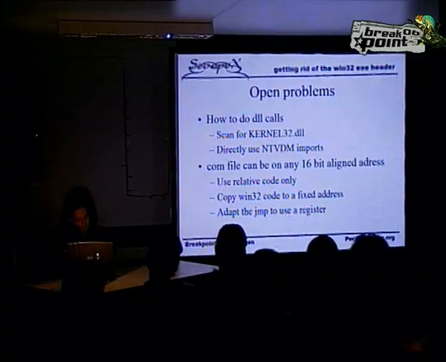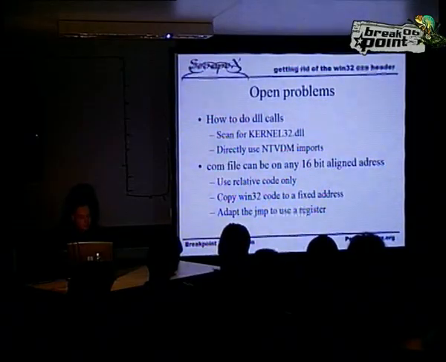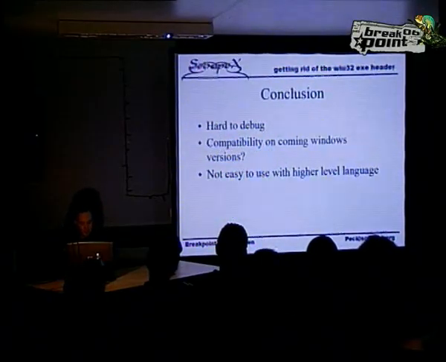Or you could change the code a bit so that you don't do the jump directly. Instead of that, you could write the address to a register and then jump to that register and use that register as kind of base address and use it to address the data. So, okay, these are the problems with that.